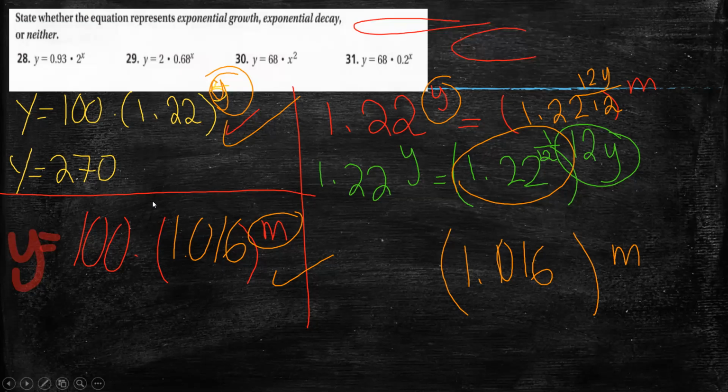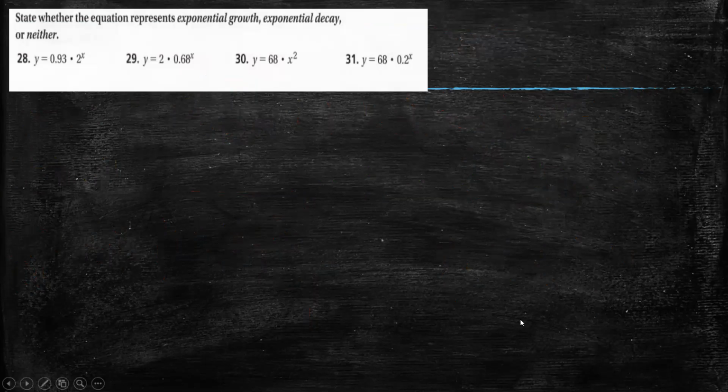Now, let's do this exercise here. State whether the equation represents exponential growth, exponential decay, or neither. How can I decide? I have to check that A is greater than 0 and B is greater than 1.